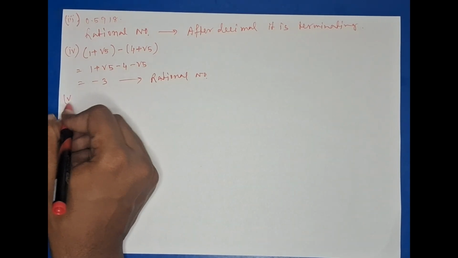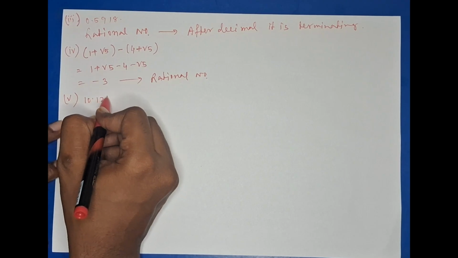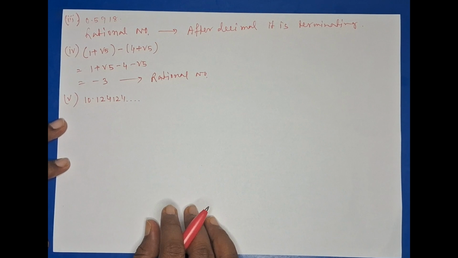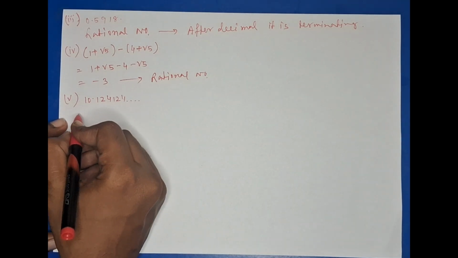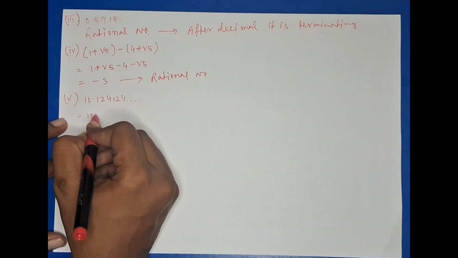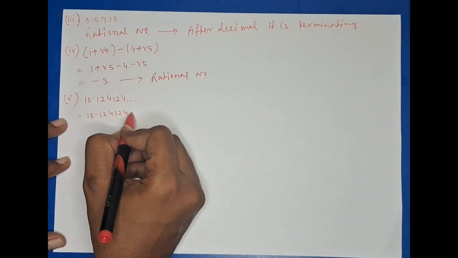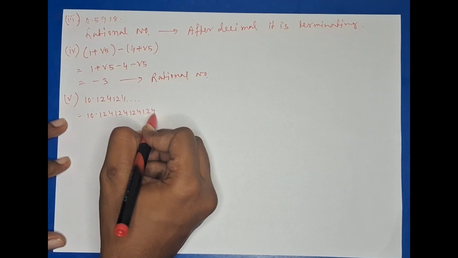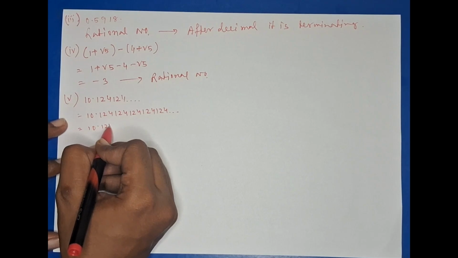And the fifth one is 10.124124 dot dot dot. What is this? This is also a rational number. Why? Because this is 10.124124 then dot dot dot. What does that mean? Again 124 continues. That means 10.124 bar.